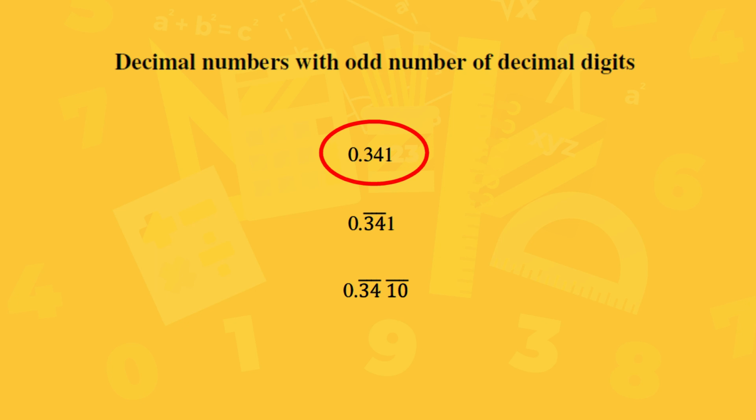So the first bar is over the starting two decimal digits, which are 3 and 4. And for the second bar, we can put 0 after 1 and we put the bar as shown here. So we observe that the first bar is on the initial two digits 3 and 4 and the second bar is on the digits 1 and 0.